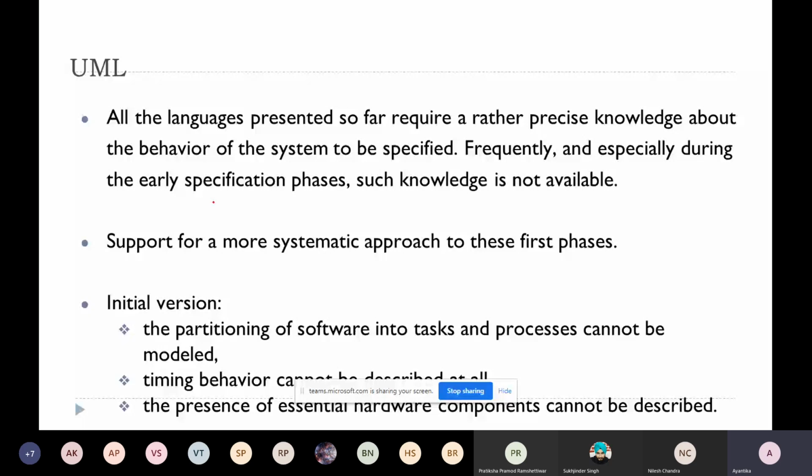So all these things were there in different tools and different modeling strategies. In the message sequence chart, we have seen that if we consider the different methods and the message exchanges between them, then we can understand my scheduling strategy.